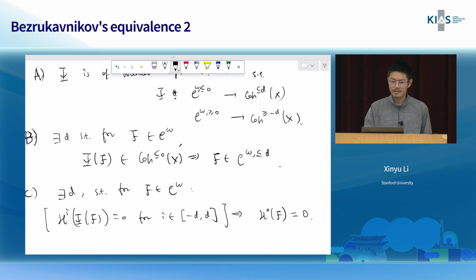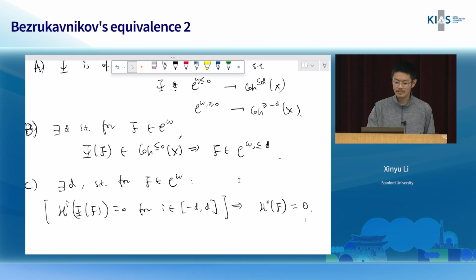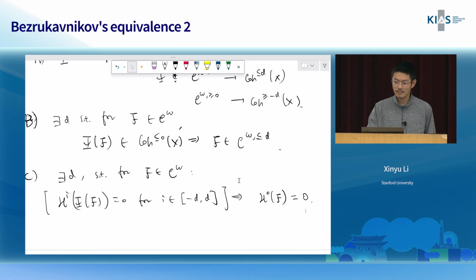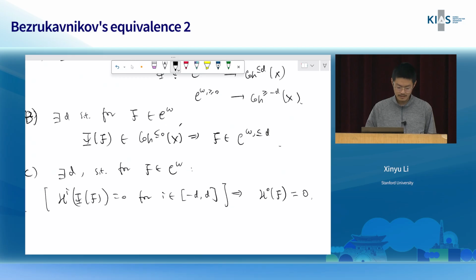So these three are all quite formal properties, but by some very clever functional analysis style arguments, Bezrukavnikov proved the following. If this functor F satisfies condition B, then this Psi is automatically fully faithful.